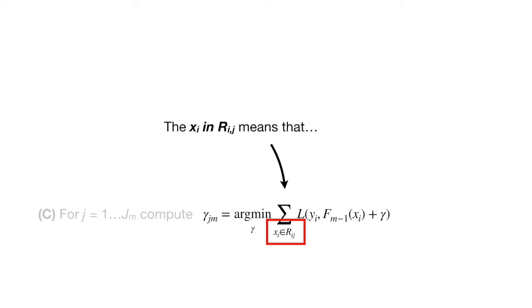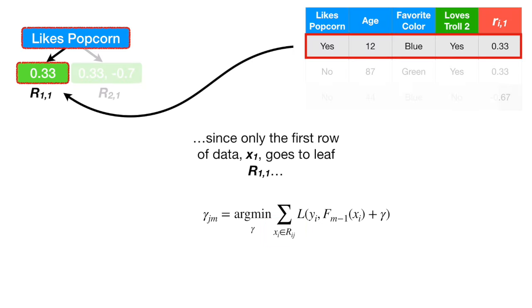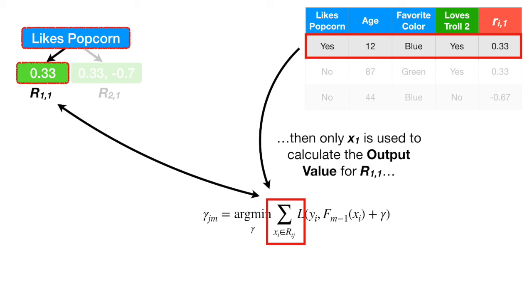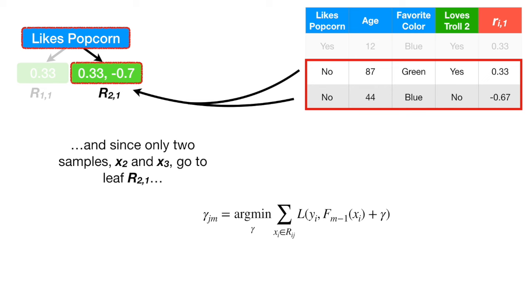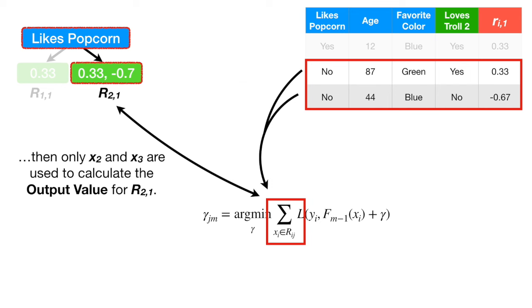The x sub i in r sub i, j means that, since only the first row of data, x sub 1, goes to leaf r sub 1, 1, then only x sub 1 is used to calculate the output value for r sub 1, 1. And since only two samples, x sub 2 and x sub 3, go to leaf r sub 2, 1, then only x sub 2 and x sub 3 are used to calculate the output value for r sub 2, 1.